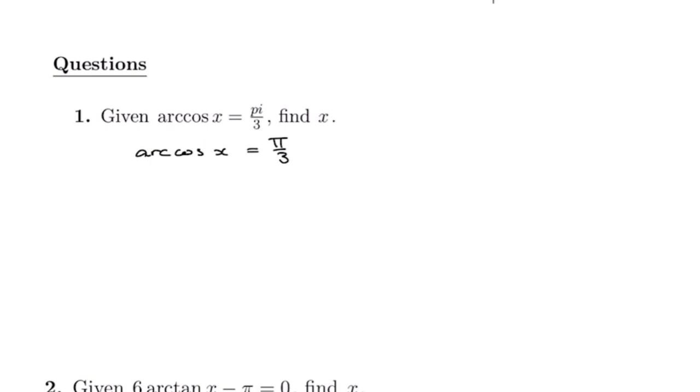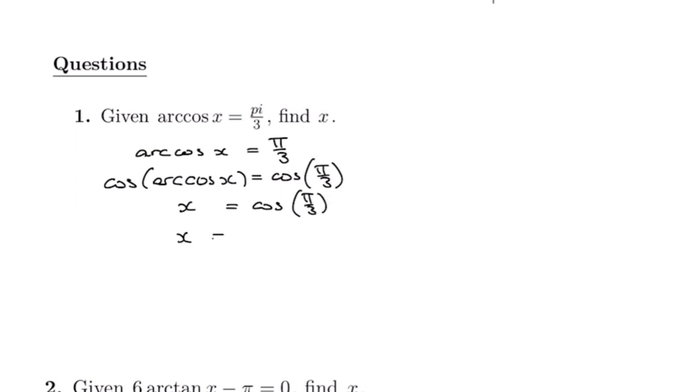So what I'm going to do is take cos of both sides. It's not multiplying both sides by cos, it's take cos of both sides. Cos of arc cos, they cancel each other out, and you are left with x. x equals cos of pi over 3, and of course the cos of pi over 3 is a half.